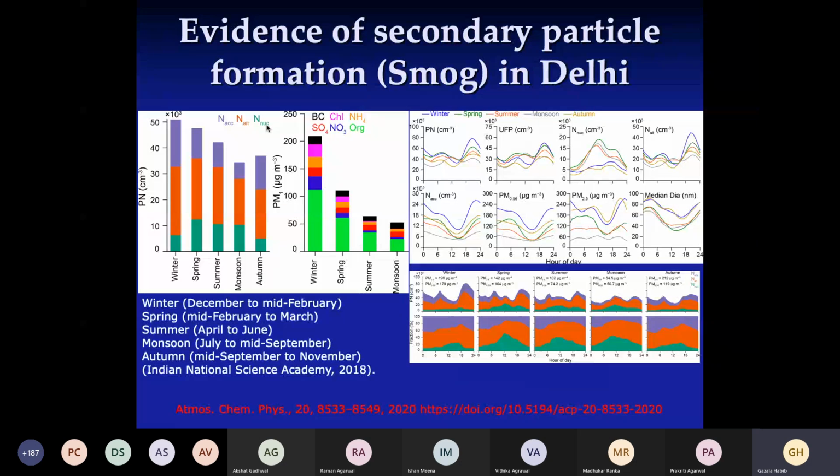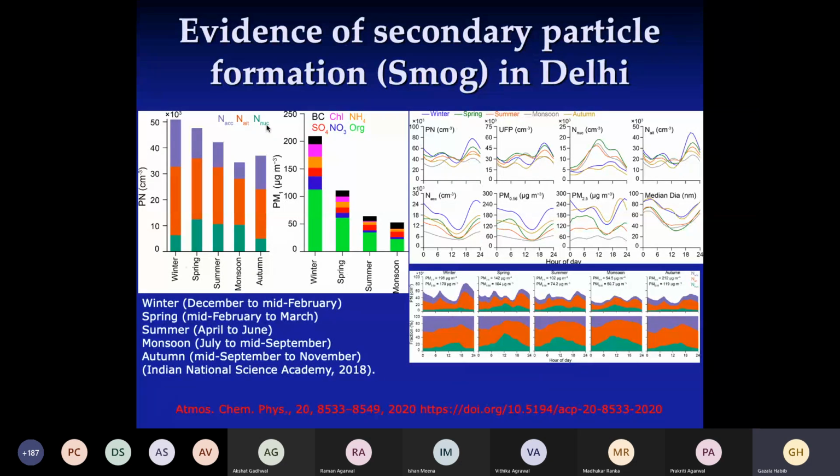So a secondary pathway of particle conversion, or gas conversion, or growth of the particle is available. That also indicates that secondary formation of particles from VOCs emitted from various sources is maybe taking place.